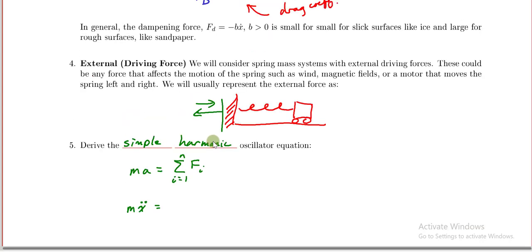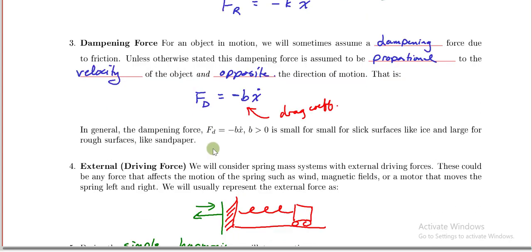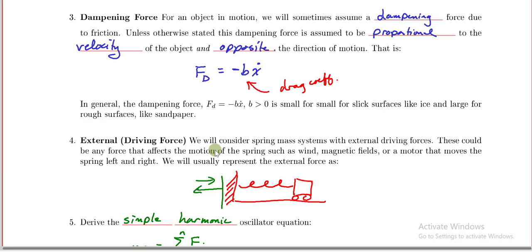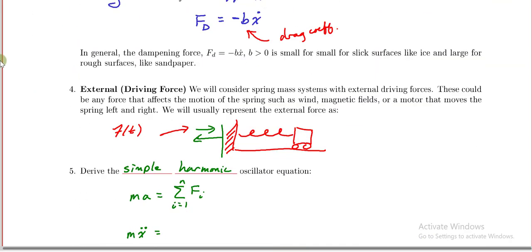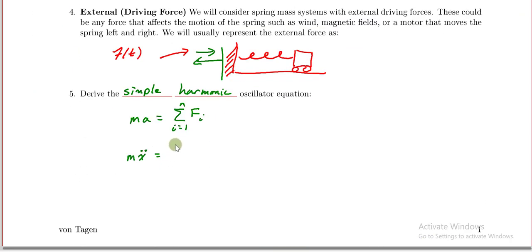And we're going to go grab all of these forces that we've listed. We've got our external driving force. I should say that for this external force, we usually use the notation F of t for that external driving force. And I think that's what we did up here. So if we add up all those forces, what do we have? Well, we had our restorative force from Hooke's law, so that was our negative kx.